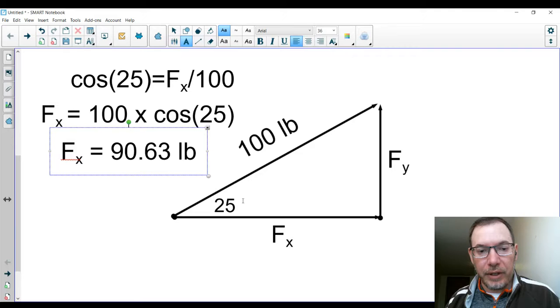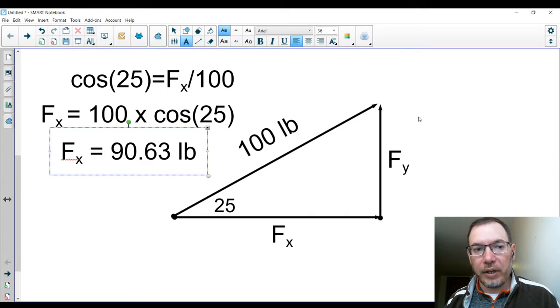F of y is the side opposite. So for that one, we're looking at the opposite side and the hypotenuse. Now technically, since we do know what f of x is now, we could use tangent as well. But it's always easier to use the one that was given, because generally that number is going to be a little bit nicer for us. So we're probably going to use sine.